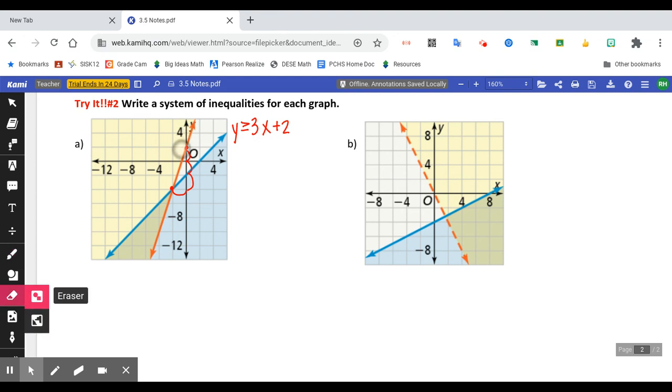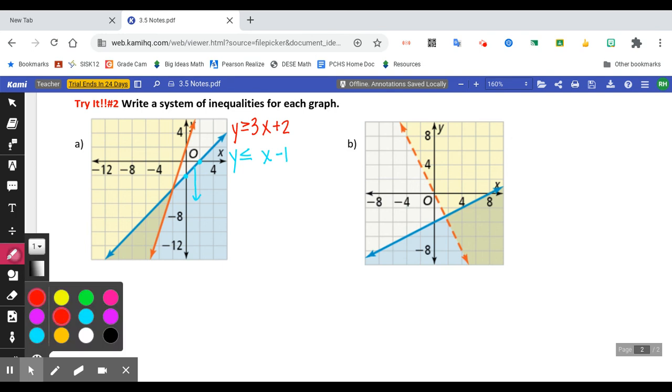All right, erase this part. And for blue, we've got y. This is shaded below the line, so less than or equal to. We've got negative 1 there. And my slope goes to here, so just up 1 over 1.